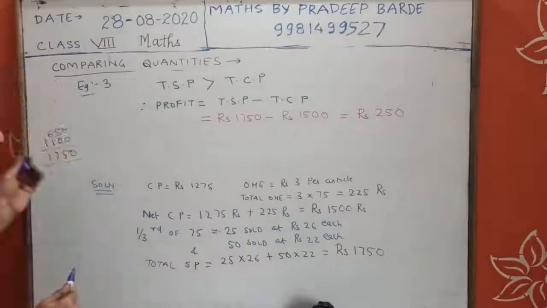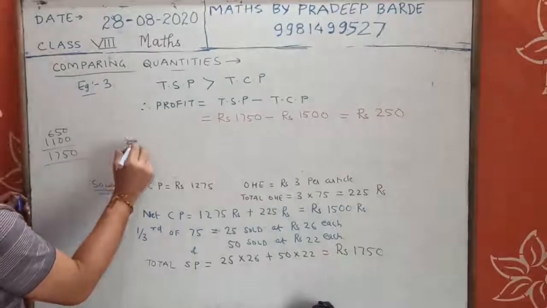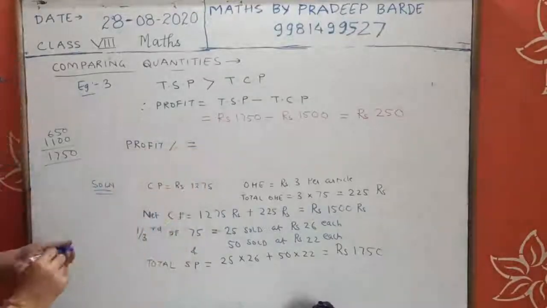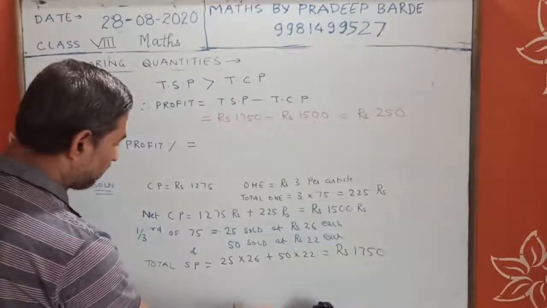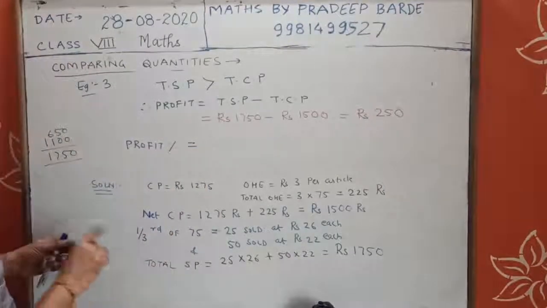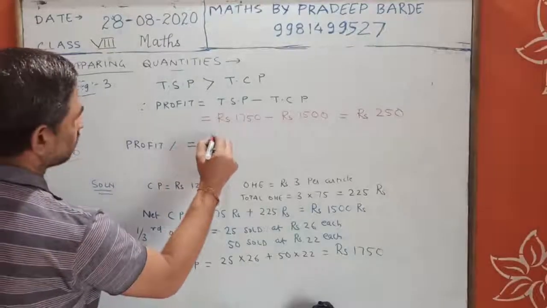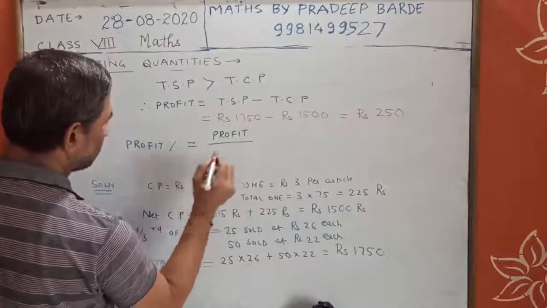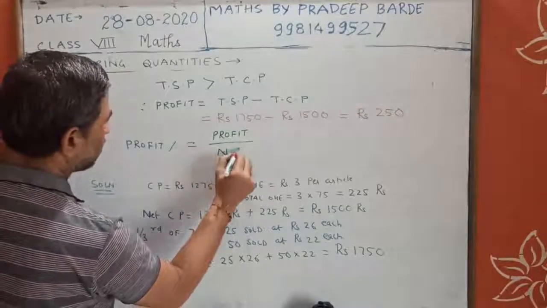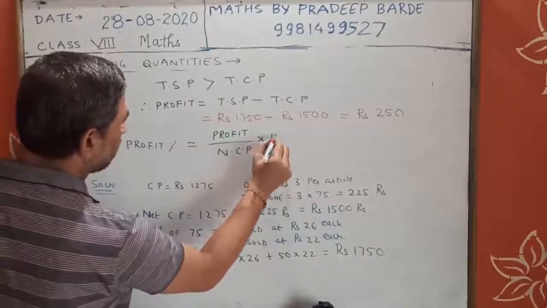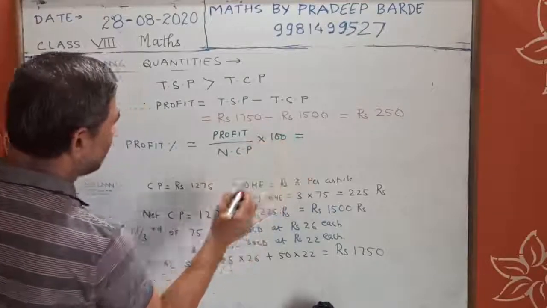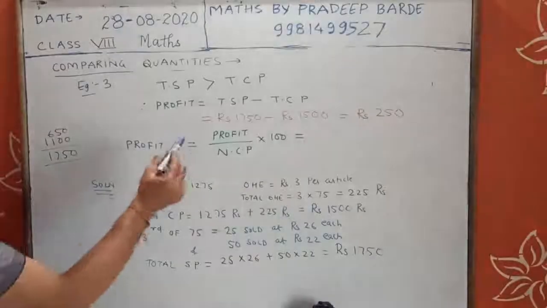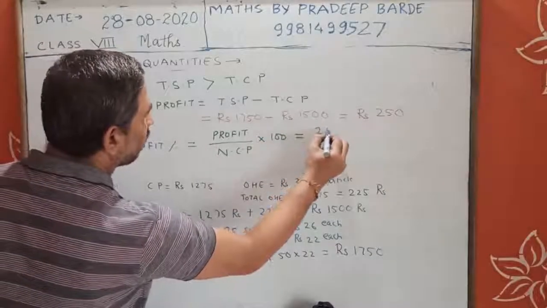So therefore, profit percent equal to profit upon net cost price multiplied by 100. Profit here is 250.